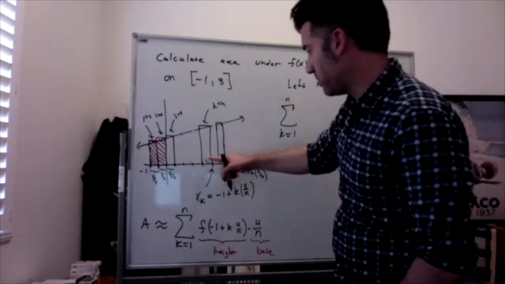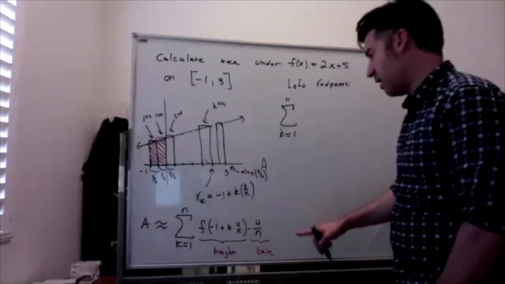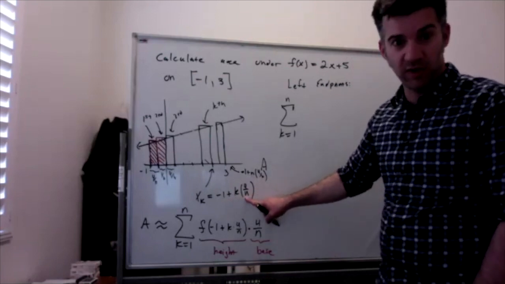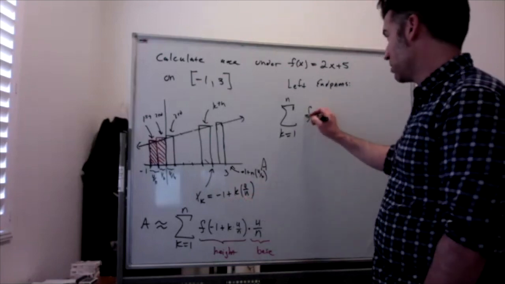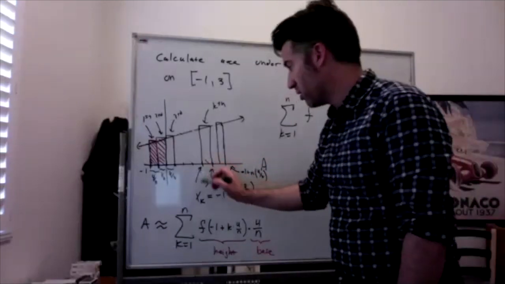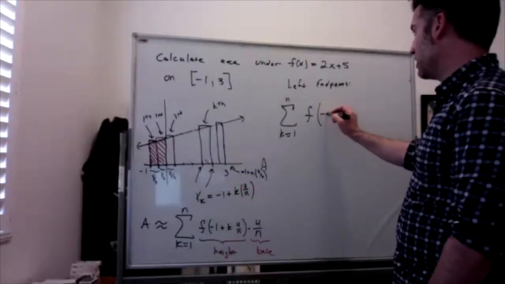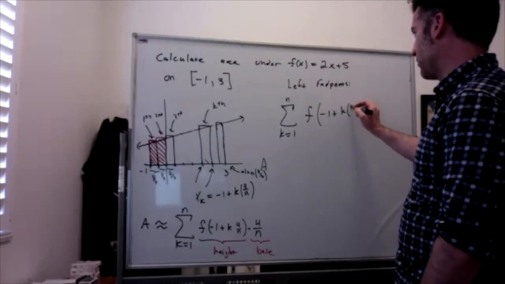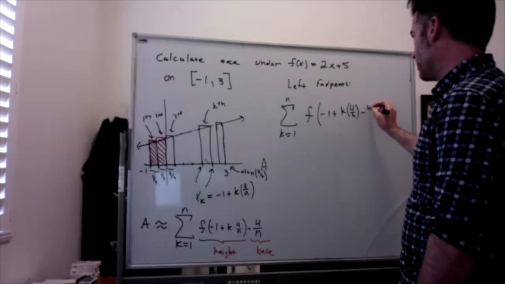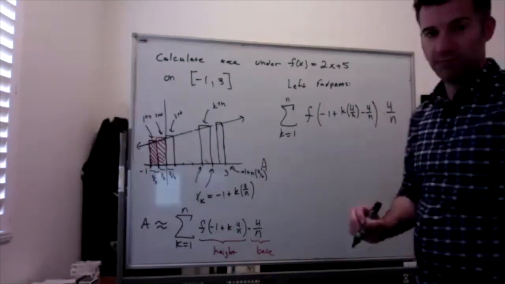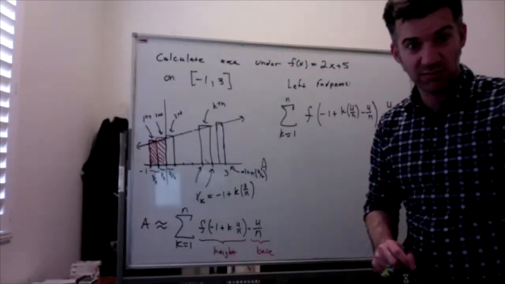And for the kth rectangle, instead of using -1 plus k times 4 over n to plug into the function to get the height, you're going to use this one right here, which is 4 over n less. So it's f of -1 plus k times 4 over n minus 4 over n, times your delta x, which is 4 over n. That looks worse, right?